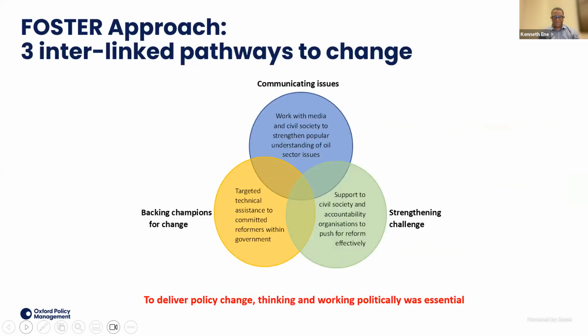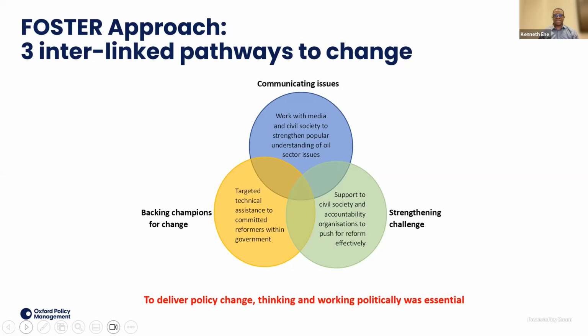So I'll talk quite briefly about the approach. I think the essence of this presentation is not really to talk about the program in its sense, but to show how political economy and thinking and working politically are enshrined in delivering development and actually making an impact. So in the case of FOSTA, there were basically two sides of the coin. The first side is the supply side, and the supply side would be the government and the agencies that deliver interventions and oversee oil extraction and downstream, which is like going into a petrol station and buying gas.